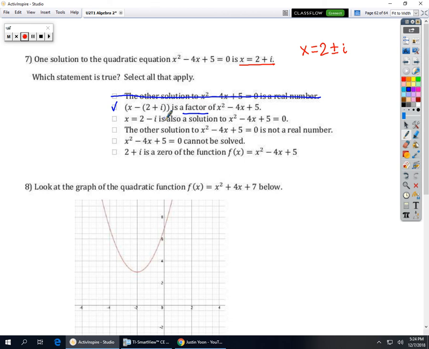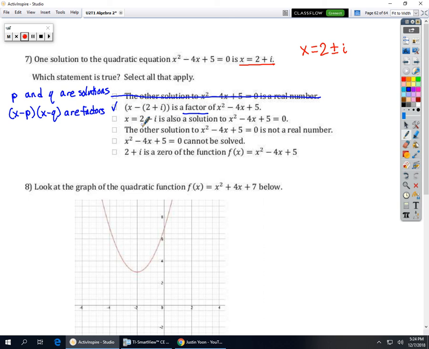So if P and Q are solutions, then x minus P and x minus Q are the factors. So all the answers can just be written in this form. So yeah, if my answer is 2 plus i, well, guess what? x minus parentheses 2 plus i works.